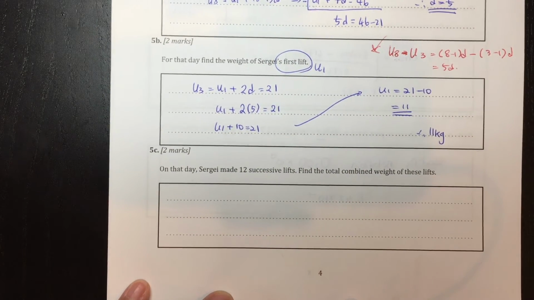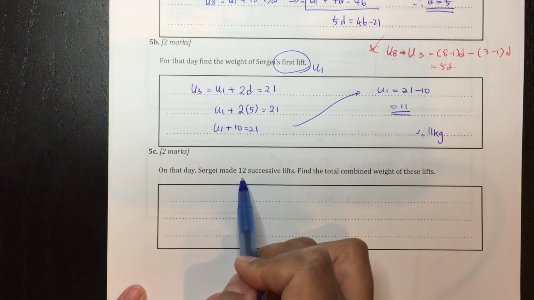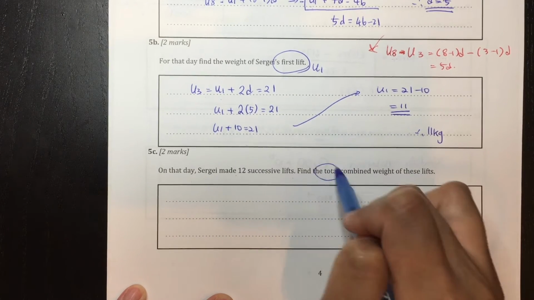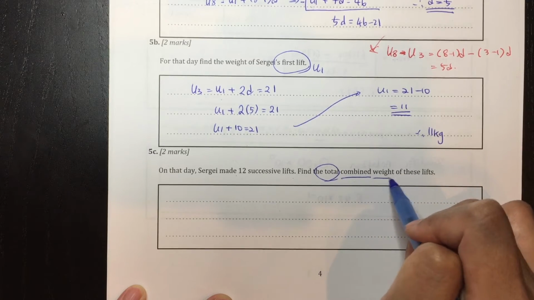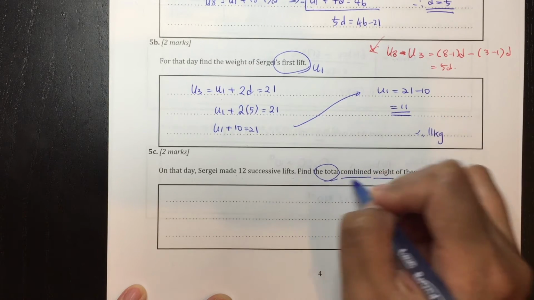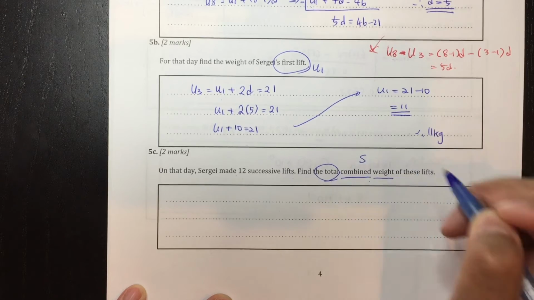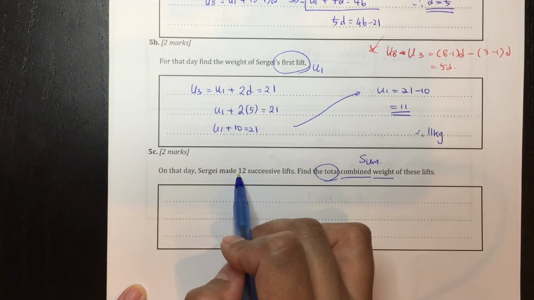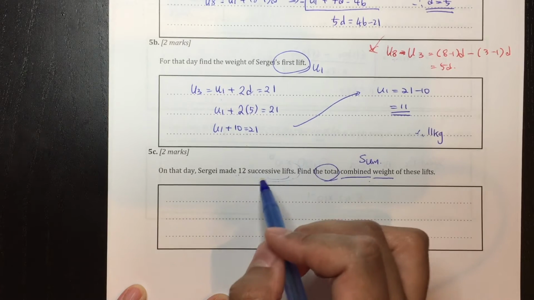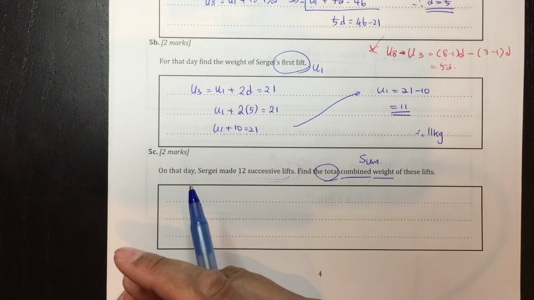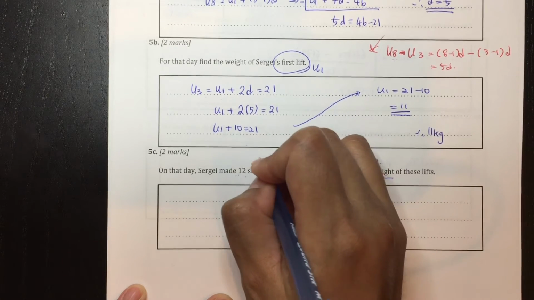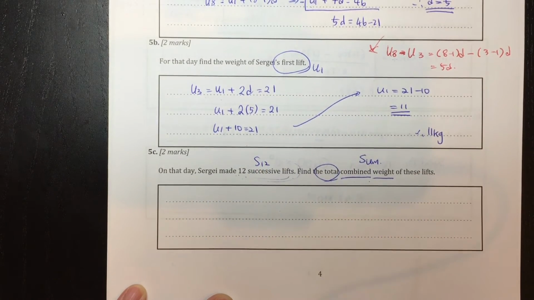5c. On that day, Sergey made 12 successive lifts. Find the total combined weight of these lifts. So total combined means we have to find the sum, right? And he made 12 successive lifts. So we are trying to add everything up to the 12th term, which is S12, right?